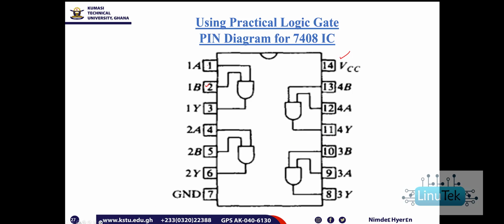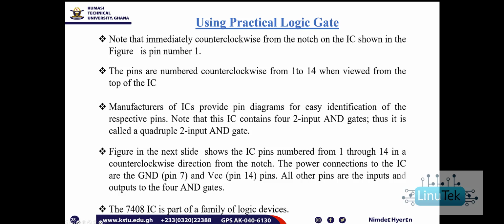So this is an example of a practical logic gate. And as engineers, when you have to use logic gates, you can only find them in ICs, or integrated circuits.